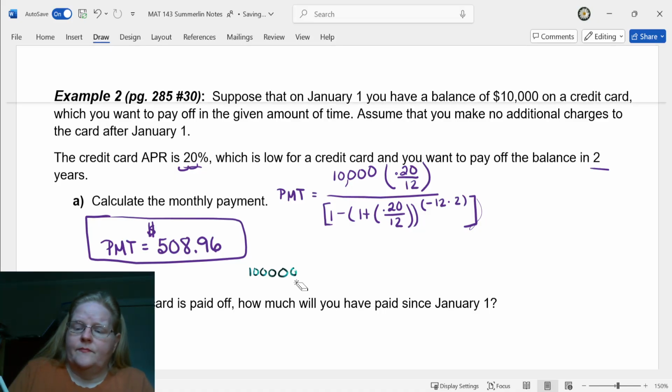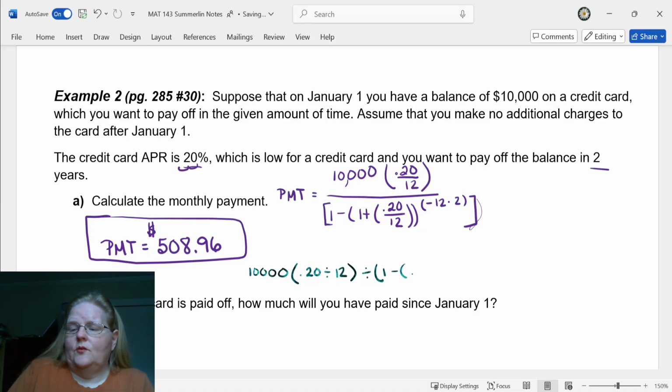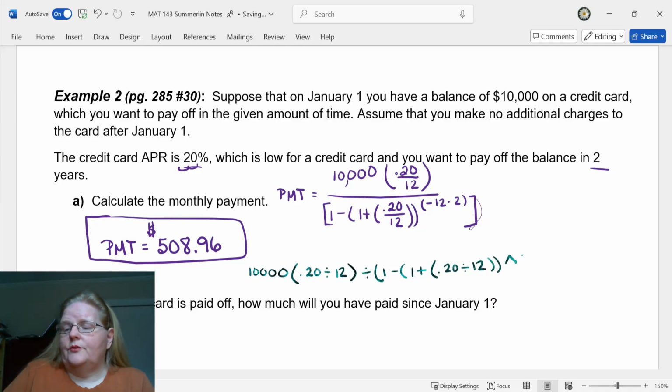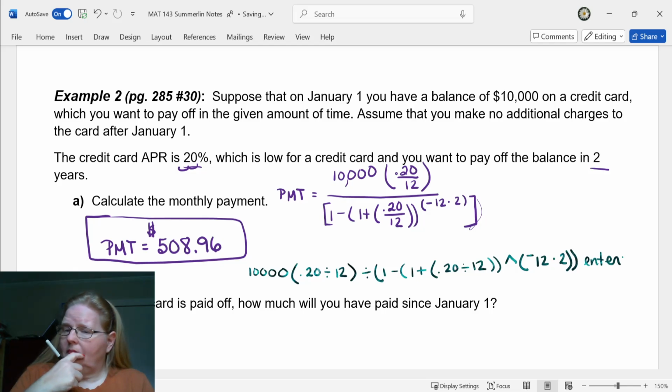So you type $10,000, parentheses, 0.20 divided by 12, close, divided by open 1 minus open 1 plus, and then you can hit your fraction, or you can do another open, 0.20 divided by 12, close close, exponent, open negative 12 times 2, close close, and then hit enter. And that should give it to you.